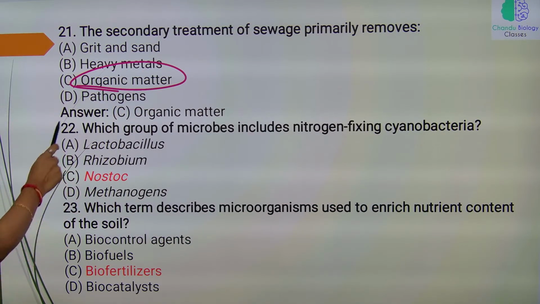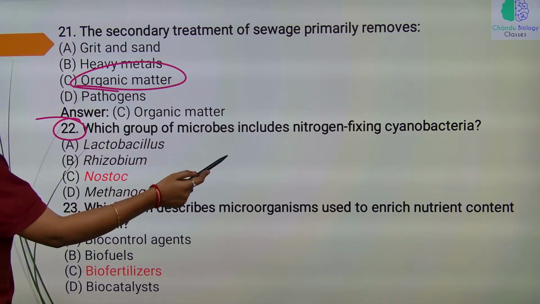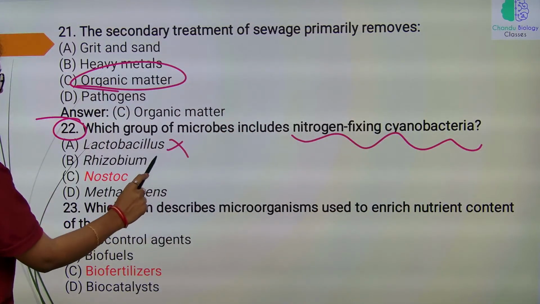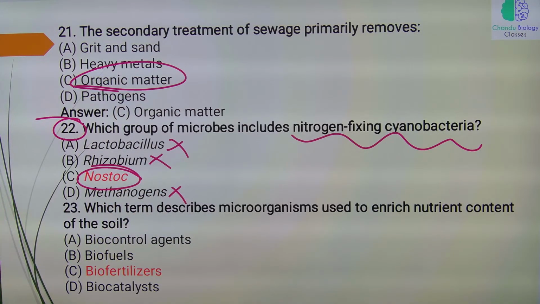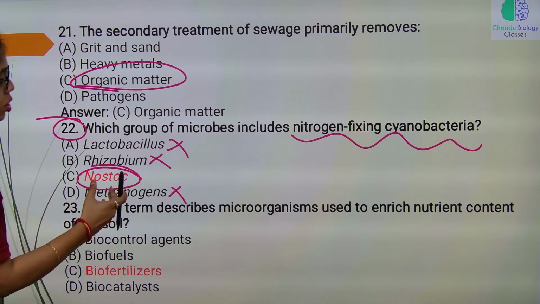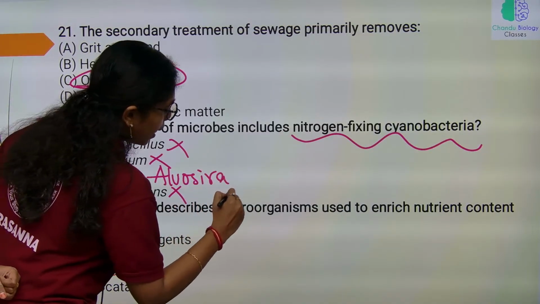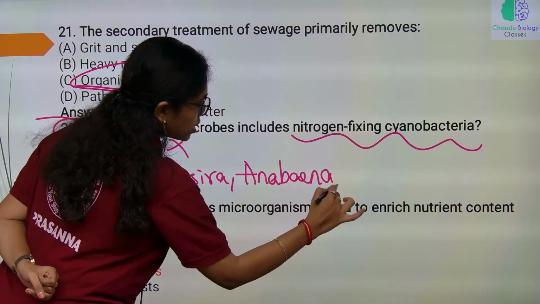And next, which group of microbes include nitrogen fixing cyanobacteria? It is not lactobacillus, rhizobium and methanogens. Of course, it is nostoc. Let us recall some more examples of nitrogen fixing cyanobacteria: nostoc, Aulosira, Anabaena and Oscillatoria.